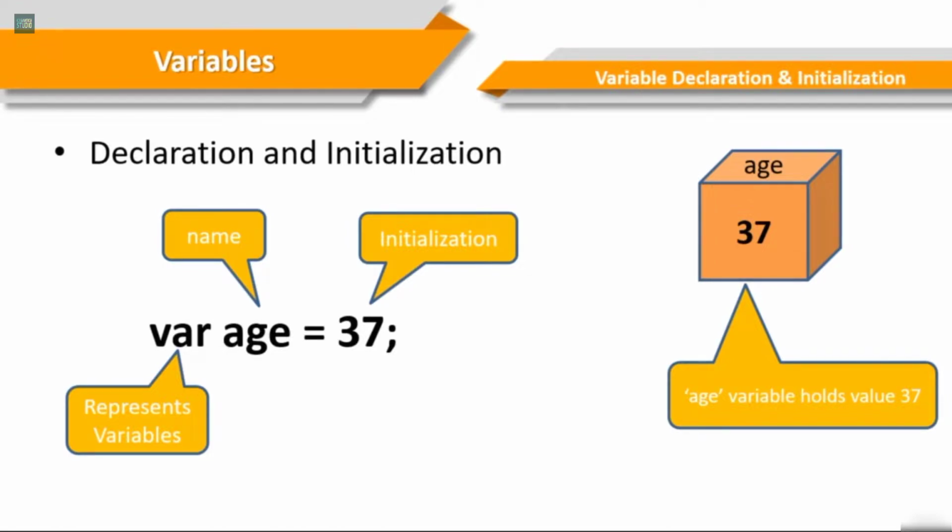Now, in order to initialize a variable, you've got to assign it a valid value according to its data type. So we use the equal sign, which means that the value on the right side of the equal sign will be saved into the variable on the left side. Follow? So in our example, we assign the value 37 to the variable age.